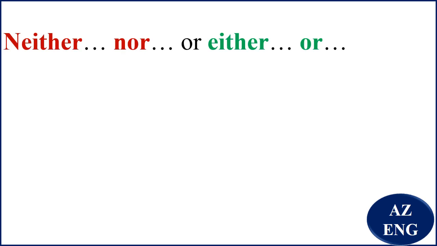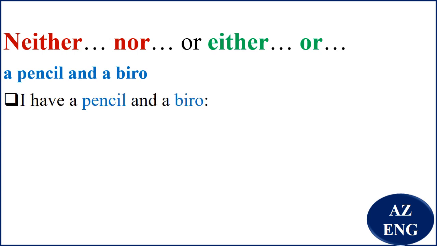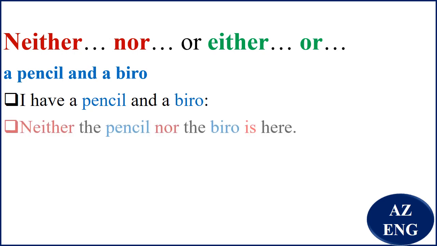And here what we've got is neither nor or either or. Let's take a pencil and a biro as an example. For example, I say I have a pencil and a biro. A pencil, one pencil, a biro, one biro. I say neither the pencil nor the biro is here.